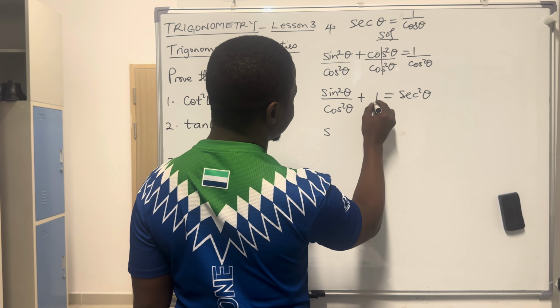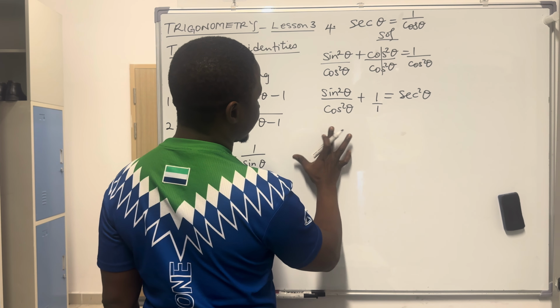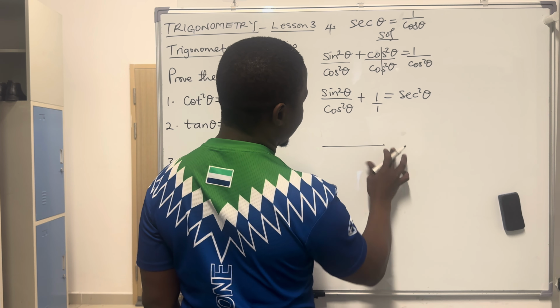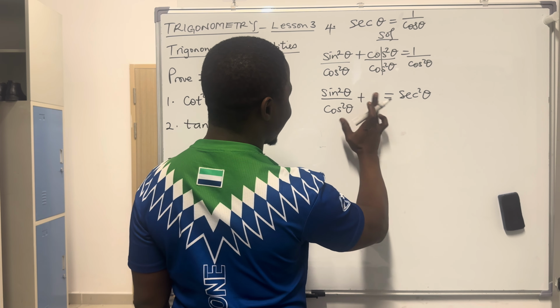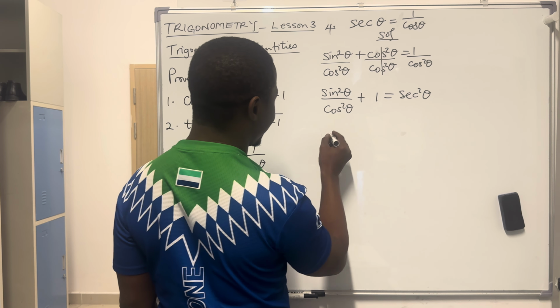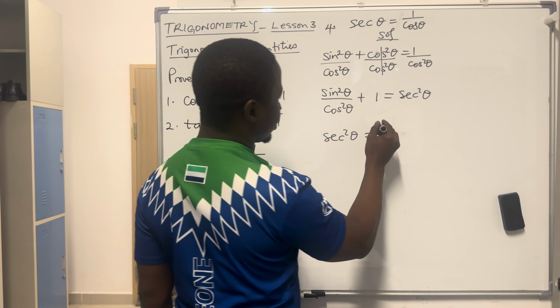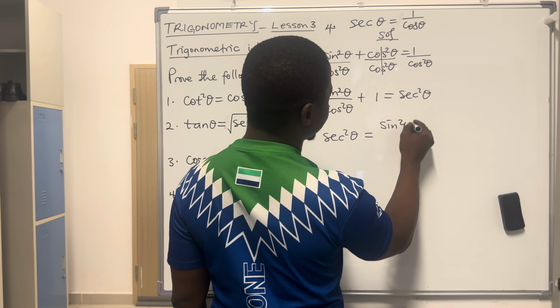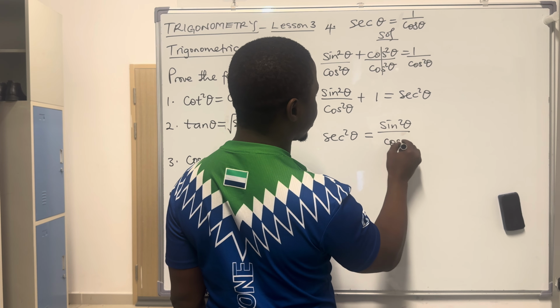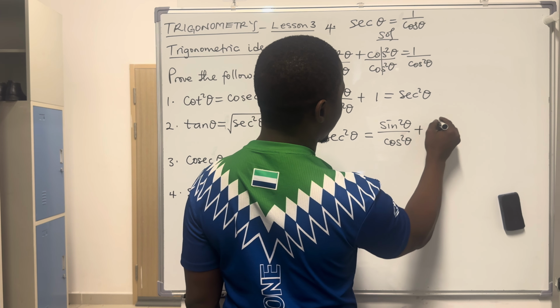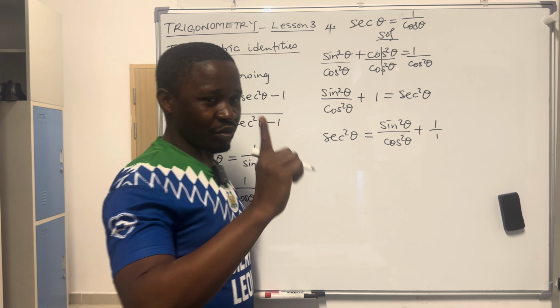we give this 1. For beginners, let's write this one first. Sec square theta equal to sine square theta over cos square theta plus 1. Then we can give this 1.